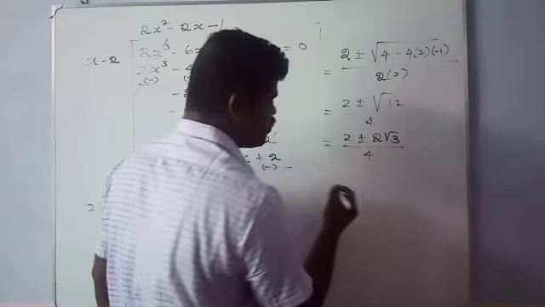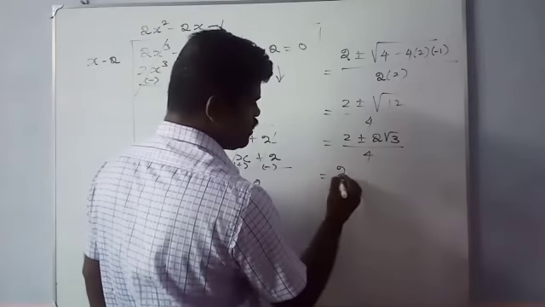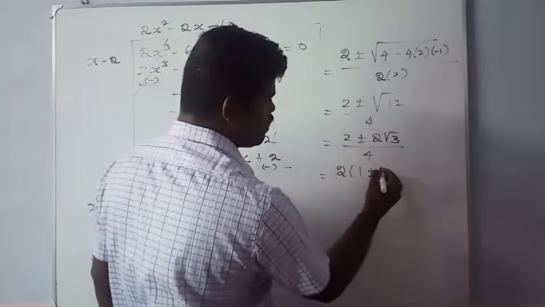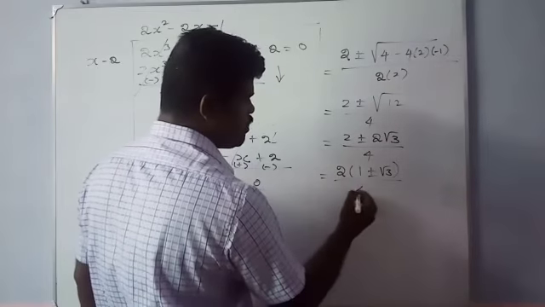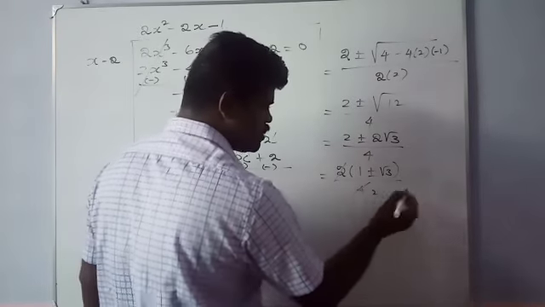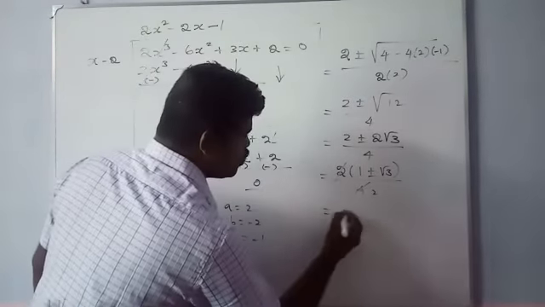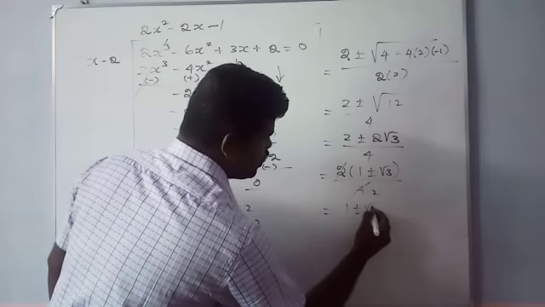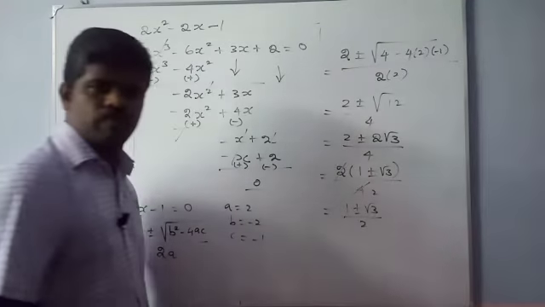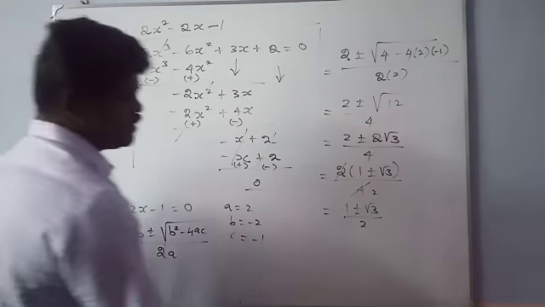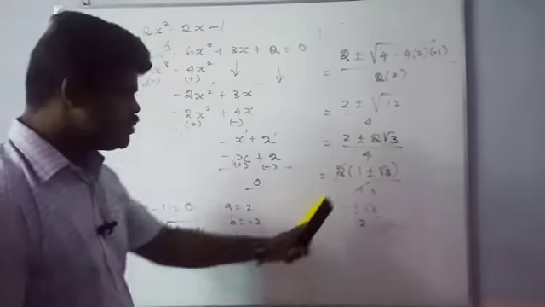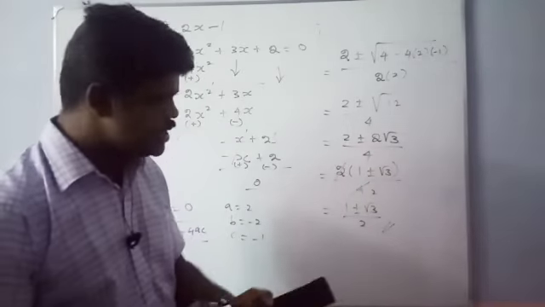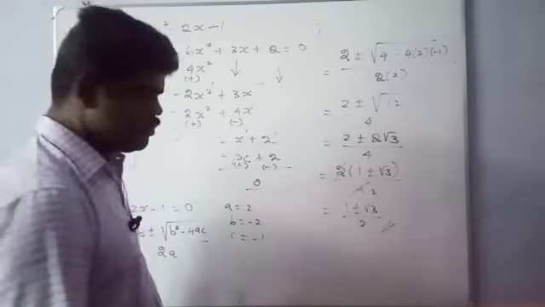Divided by 4. And take 2 outside: 2 into 1 plus or minus root 3 divided by 4. Cancel these two terms. What is the value? 1 plus or minus root 3 divided by 2. This gives the two roots. One is 1 plus root 3 by 2 and another one is 1 minus root 3 by 2.